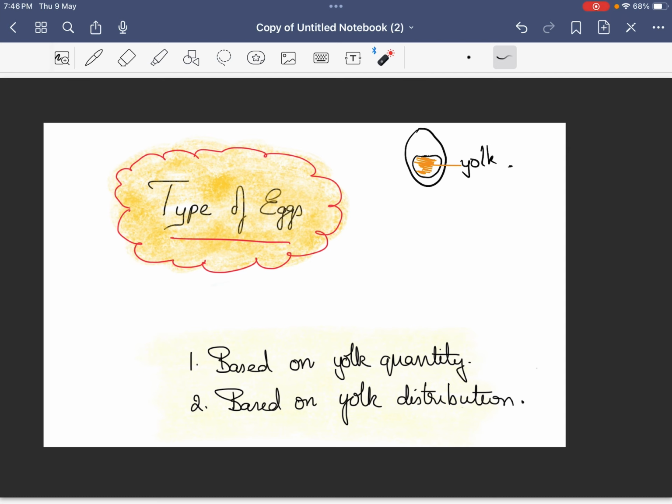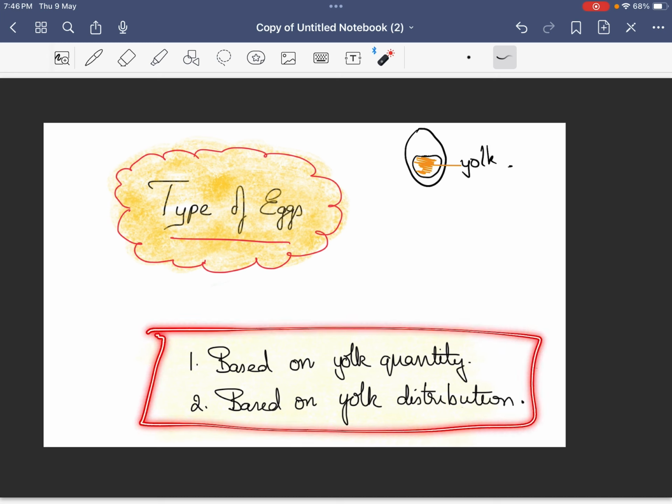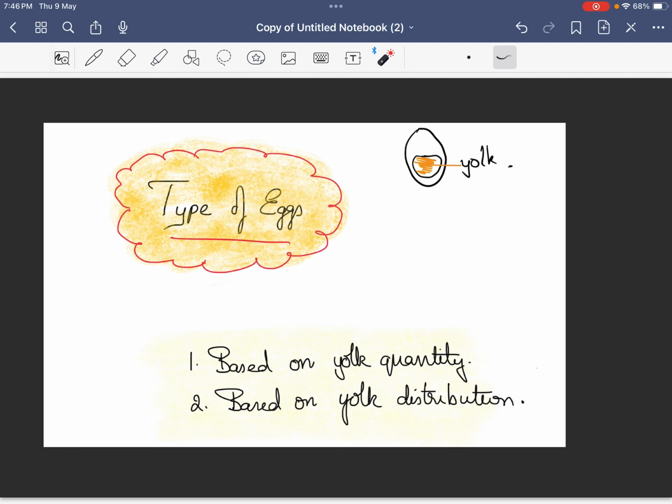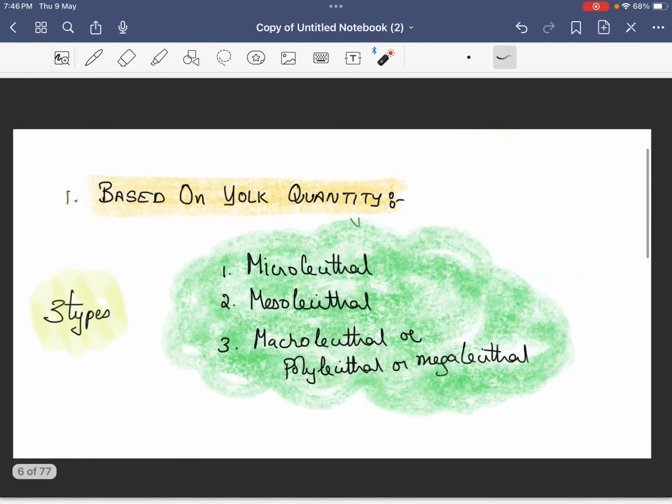The second basis of classification is purely on how the yolk is distributed throughout. So these two simple concepts are what we are going to look into today. Please students, remember the two bases of classification of the egg: yolk quantity as well as yolk distribution. Now let's see them in detail.